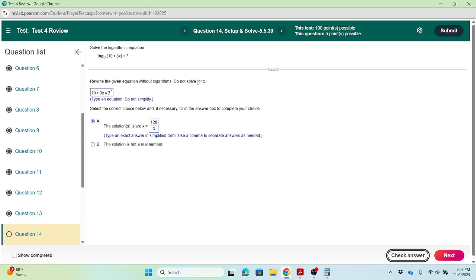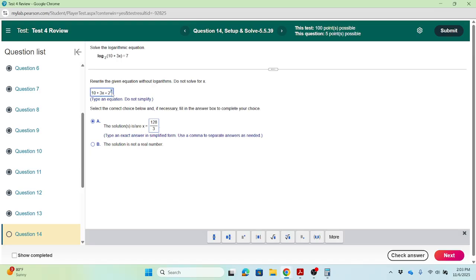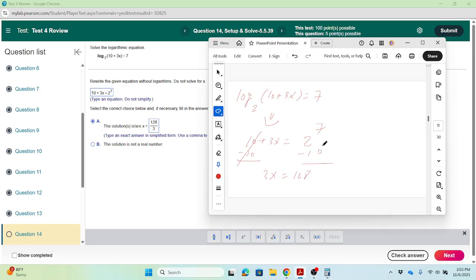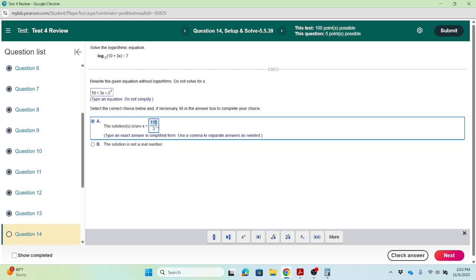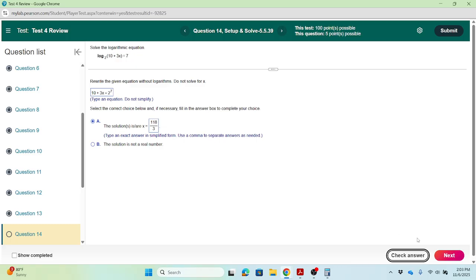Do not solve for x. Type an equation. Do not simplify. 10 plus 3x equal 2 to the power 7. And 2 to the power 7 is 128. When I was solving it, it's 128 minus 10, which is 118. So the answer is supposed to be 118 divided by 3.